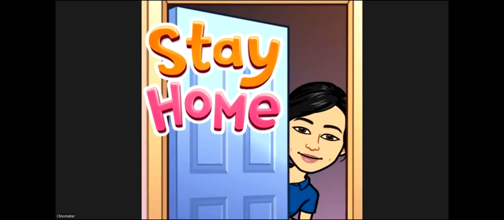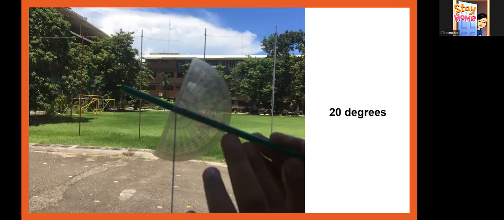So let me open again the whiteboard that we had earlier. Okay, so let's draw that one. The reading was 20 degrees. But if you would notice, that was this way here. So that's your 20 degrees.